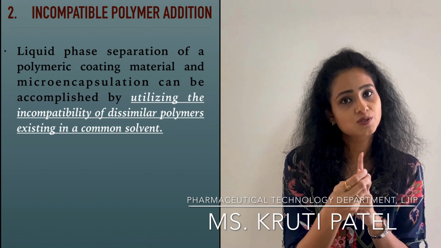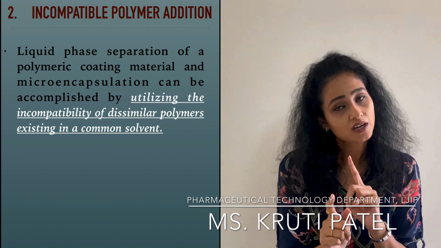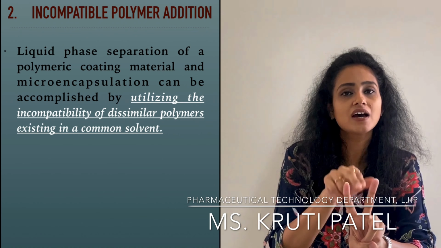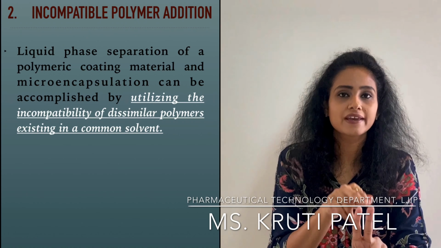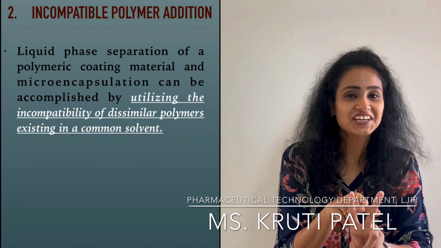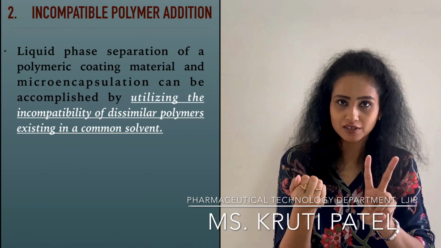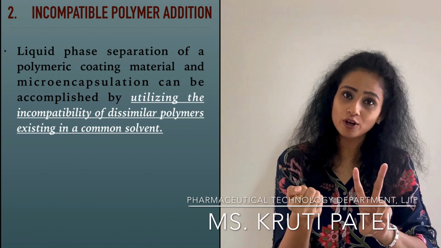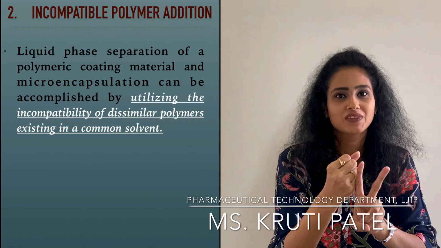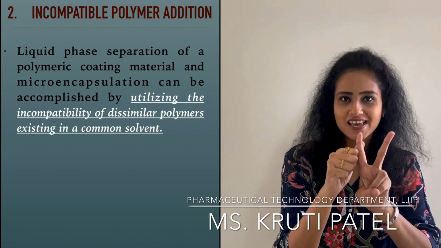So when I add this Y polymer, what happens? This Y polymer is soluble in my solvent, right? But the problem is that X and Y are both incompatible. They cannot stay together. The solvent will have more affinity for Y rather than X. Initially there was a solution of X and solvent.